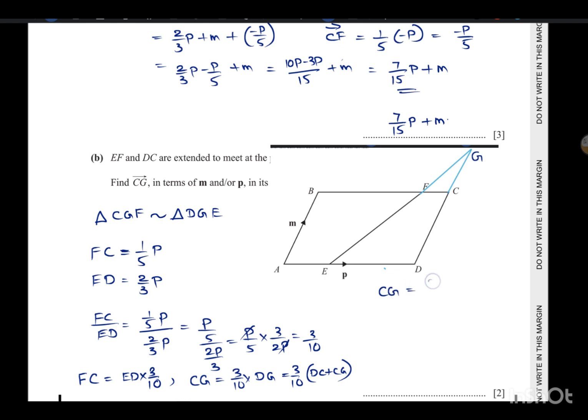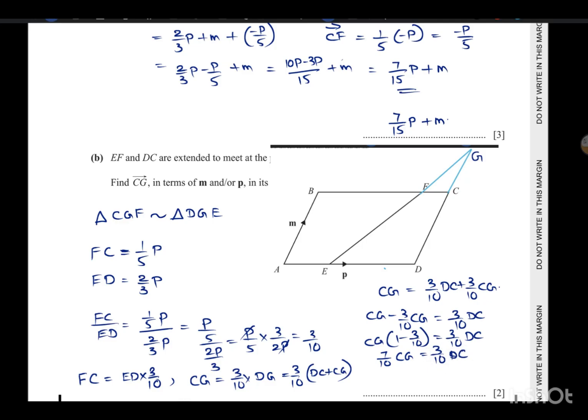CG is equal to 3 by 10 into DC plus 3 by 10 into CG. Bring 3 by 10 into CG to the left side. CG minus 3 by 10 CG is equal to 3 by 10 DC. Taking CG common, you get 1 minus 3 by 10 in the bracket. Simplifying, you get 7 by 10 CG is equal to 3 by 10 DC.